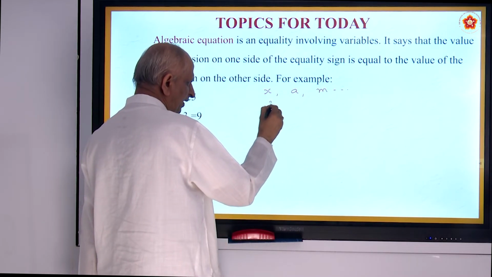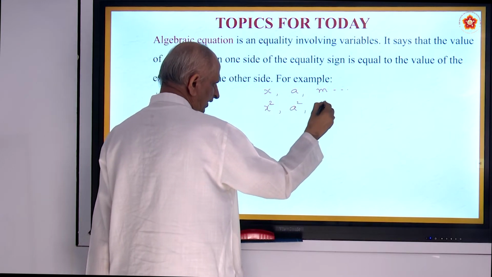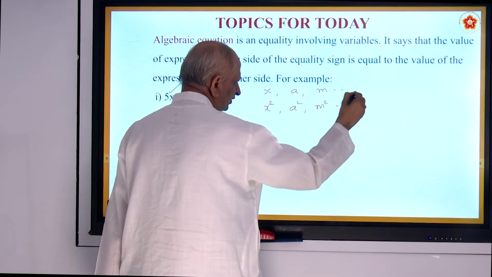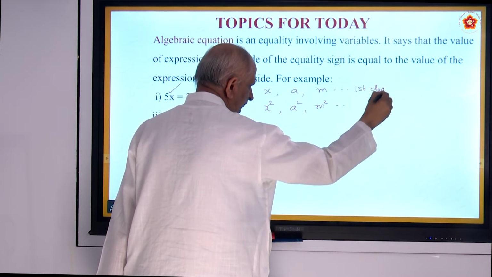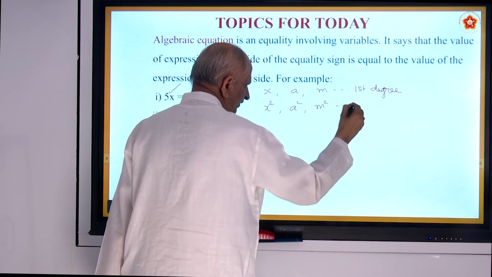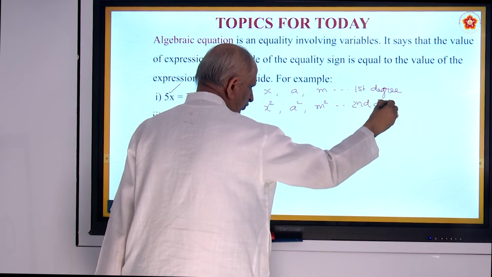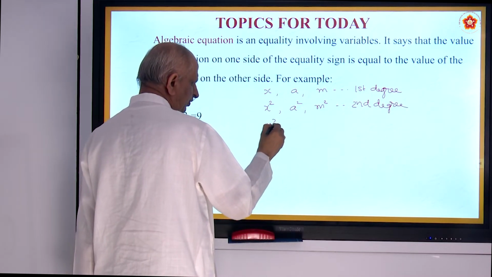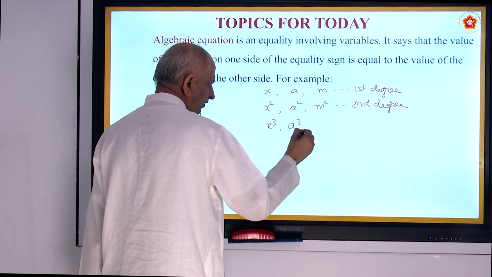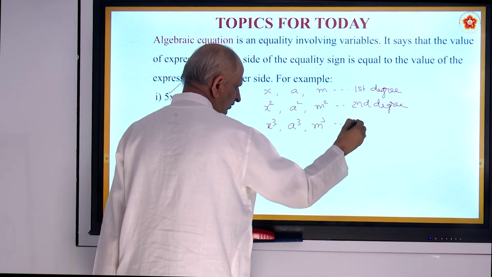If you have x squared, a squared, m squared, this is second degree or power 2. Similarly, if you have x cubed, a cubed, m cubed, it is of third degree.